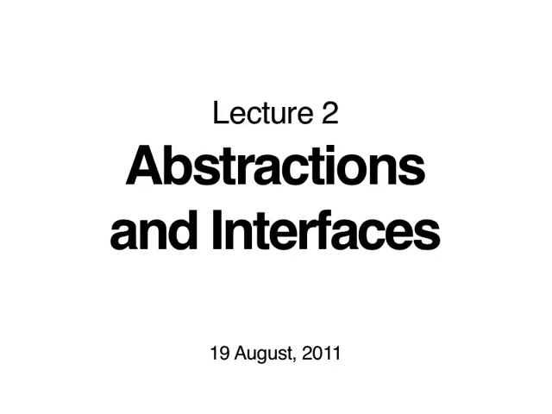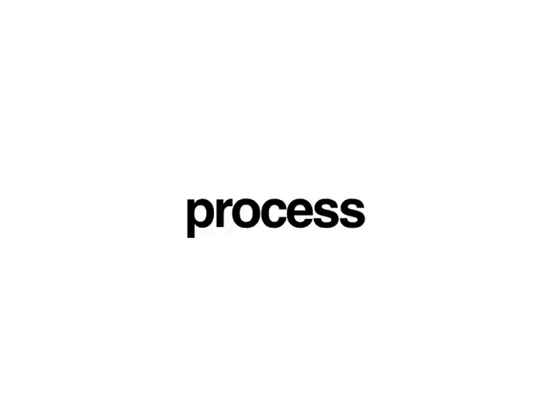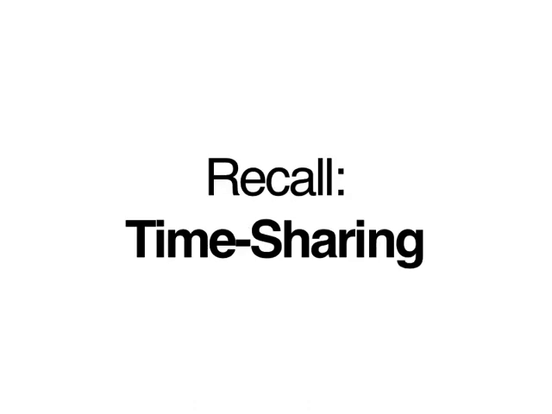So let's start with the first half, where I'm going to talk about the abstractions and interfaces provided by the operating systems. So let me start with the first abstraction or concept that is available in the operating system. It's called a process. Now, before I explain what is a process, let's briefly review what is time sharing.